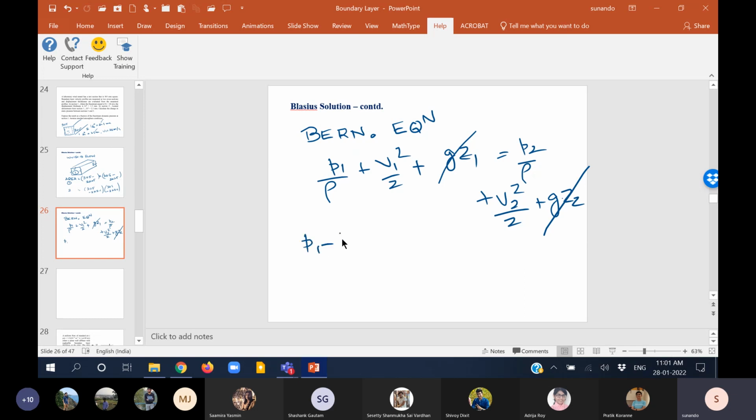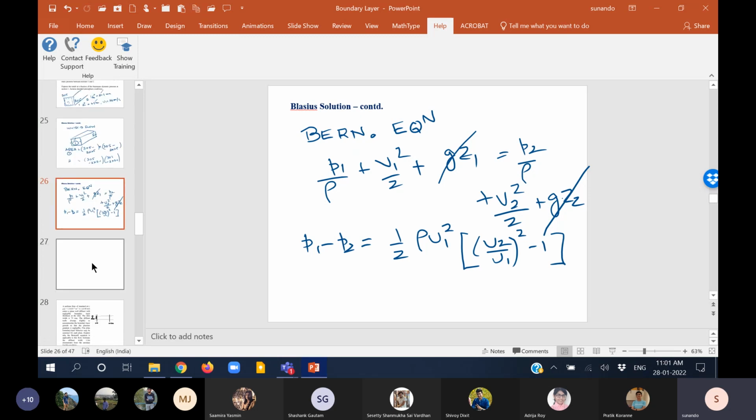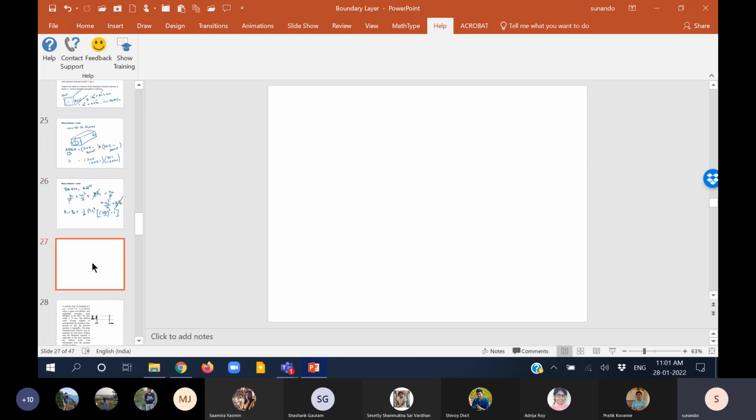So you can write P1 minus P2 is half rho U1 square times (U2 by U1) whole square minus 1. That's going to be your expression, and the final expression would be (P1 minus P2) by half rho U1 square is equal to (U2 by U1) square minus 1.